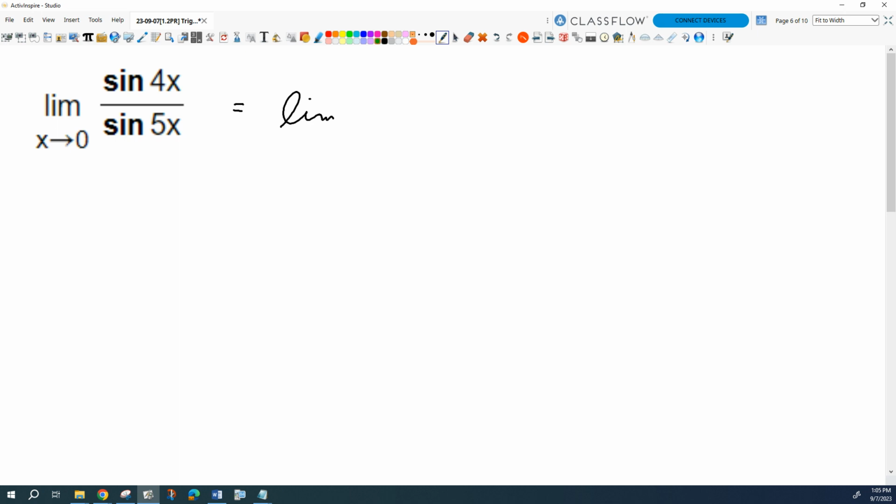Again, just to remind us, what's my pattern? The limit of sine x, I'll call it theta, over theta as theta approaches 0 equals 1. So there's my special limit. Somehow I've got to get one or more of those in this problem. It doesn't say anything about sine over sine though, so what do I need to do?